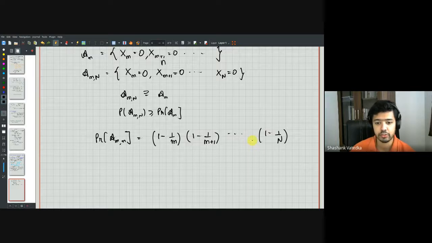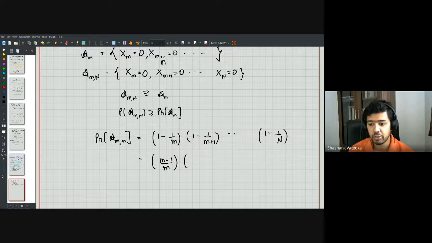That's correct. So let's try to simplify. What is this? It is m minus 1 over m. What is the second term going to be equal to? Sohit Kumar actually has the final answer, but anyway, this is m over m plus 1. You'll get m plus 1 over m plus 2, and so on, all the way up to n minus 1 over n.